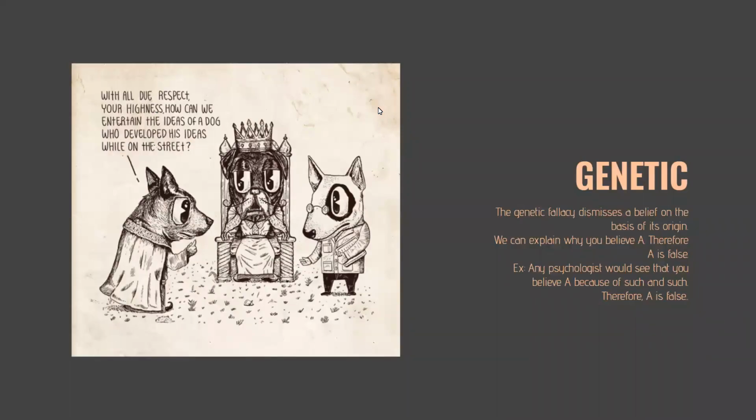The genetic fallacy dismisses a belief on the basis of its origin. So that would be: we can explain why you believe A, therefore A is false. For example, "Any psychologist would see that you believe A because of such and such. Therefore, A is false."